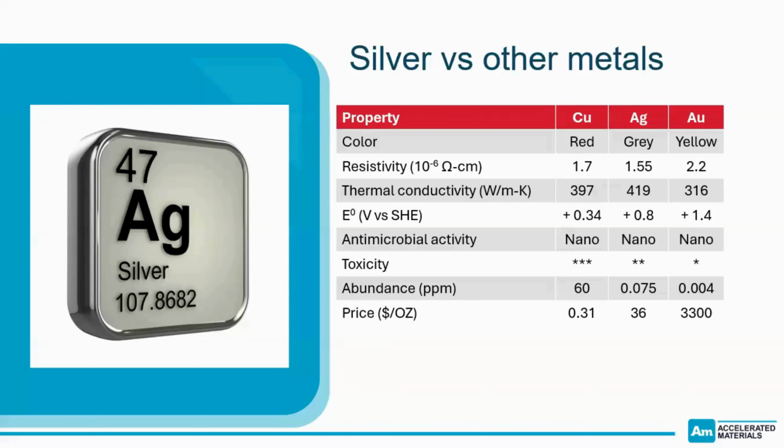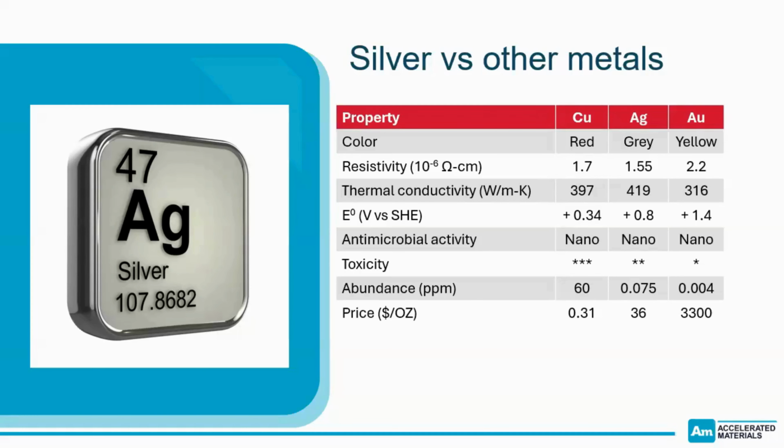And of course, because of the oxidation, those metals can dissolve, especially in the nanoform. So that's why the toxicity for copper is going to be higher than for silver and for gold, while gold is very difficult to oxidize and dissolve to form ions, so it's going to be quite inert.